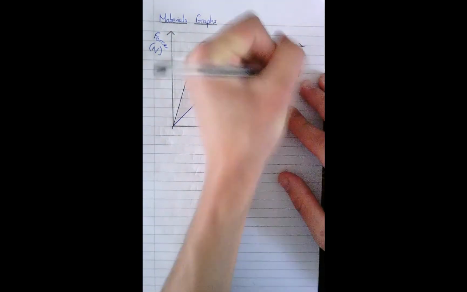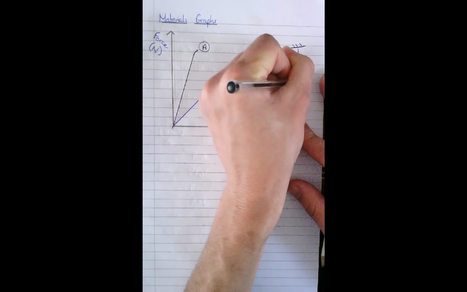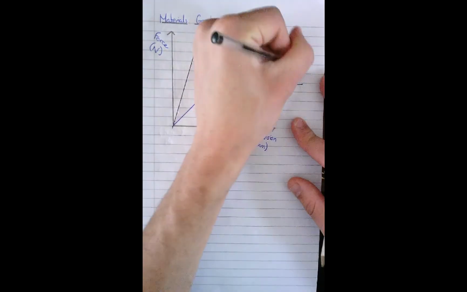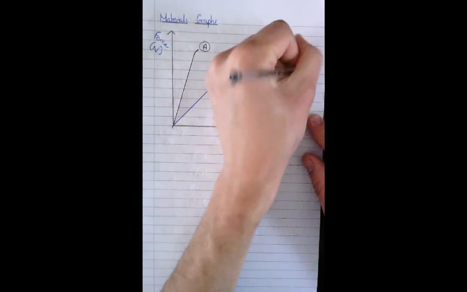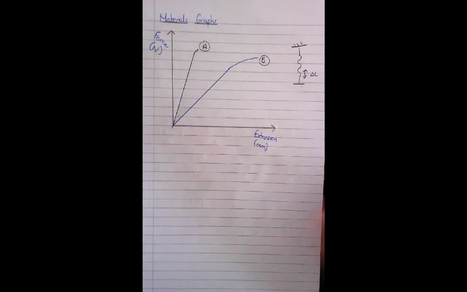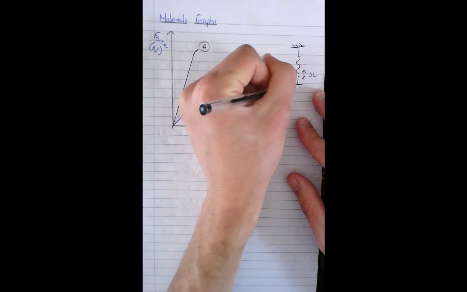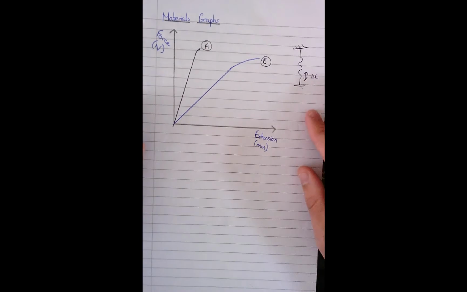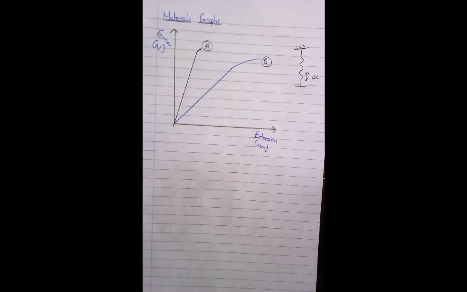What you do is you have a spring with weights attached, and then you add weights, you measure the extension, and then you plot a graph of force, and you get the force from how much weight has been added to the spring, and you plot it against the extension. So that was one of the GCSE required practicals. We're going to look at that a bit further today.